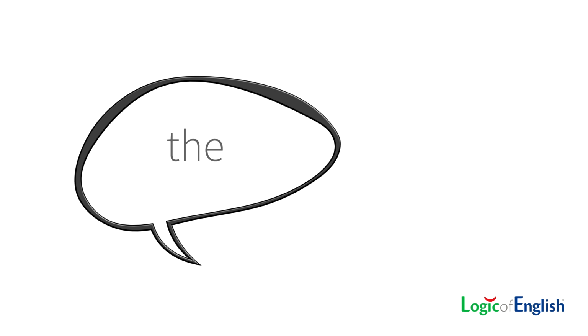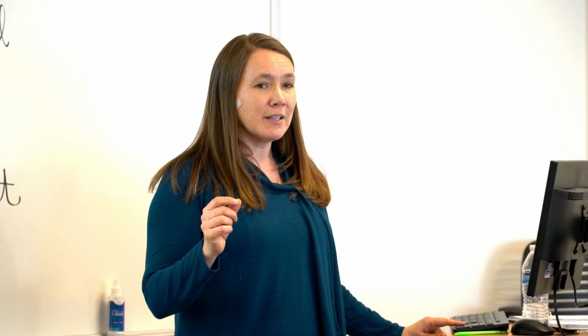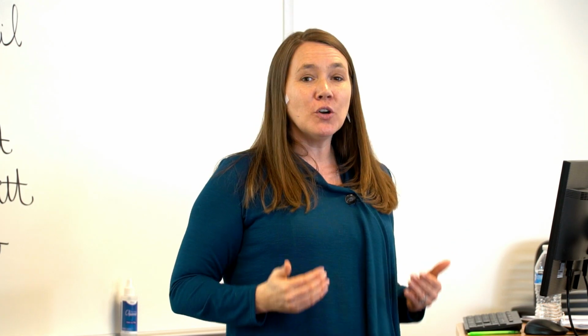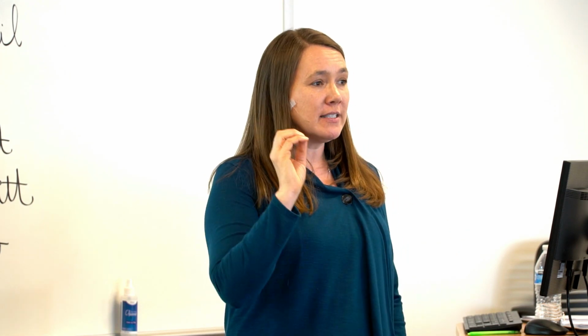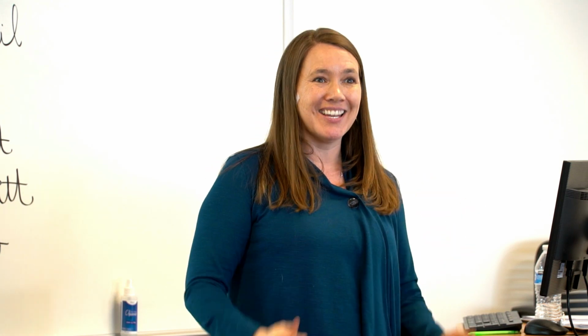So we have this word the. What will we say to spell the? "Thuh." And you might go, well, that's kind of strange. But when you're reading a book, what do you say when you get to this page? The end. Why are you saying "thee" end? Because you're stressing it, right? And we don't even think about it, right? That when it's unstressed, we say "thuh," and when we're stressing it, we go "thee end."